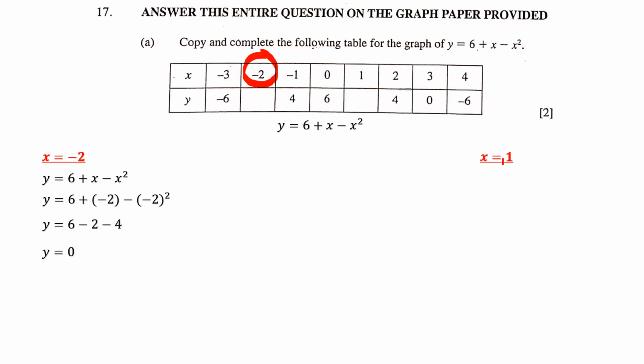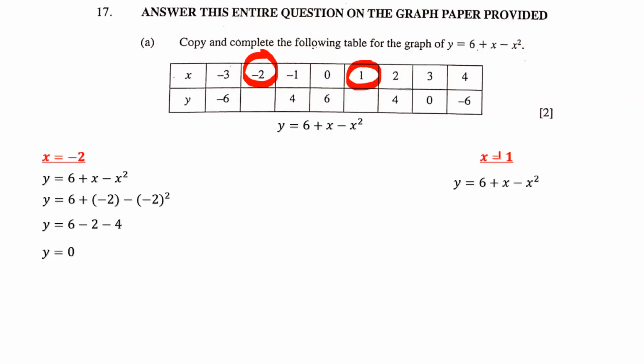So let's move on to x is equal to 1. Again, I'm going to use this equation to figure out this missing value. I have 6 plus x minus x squared. Wherever I see x, I'm going to put 1.